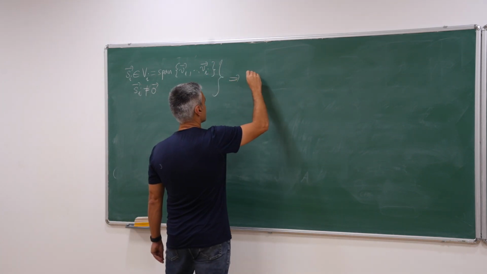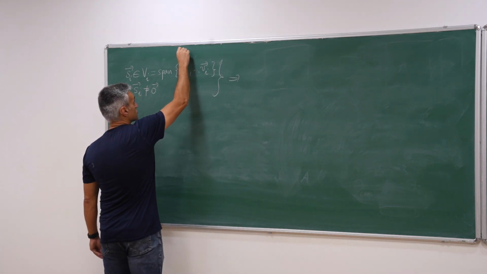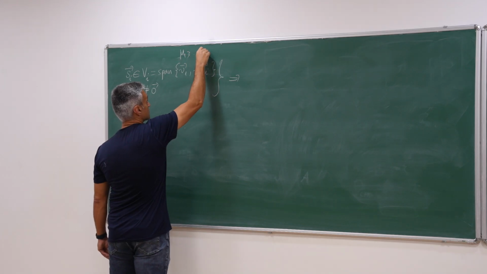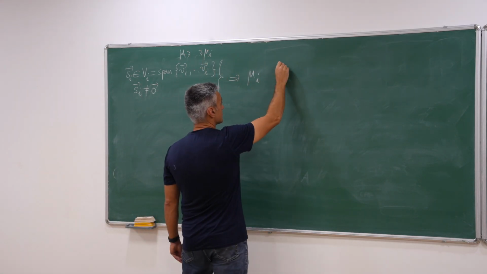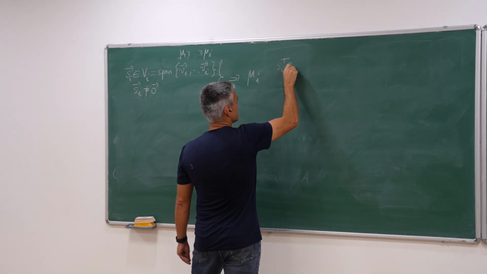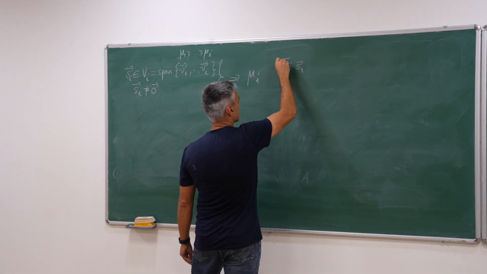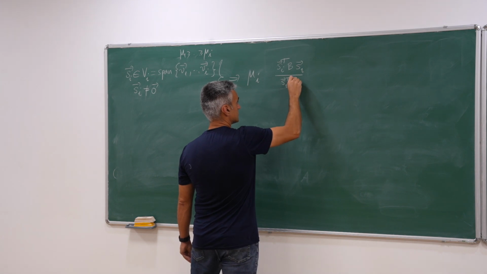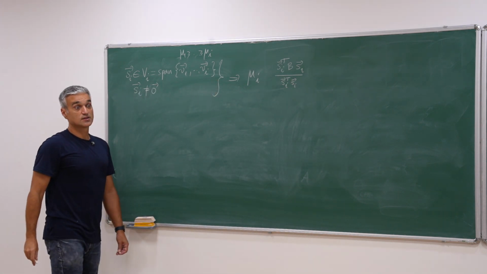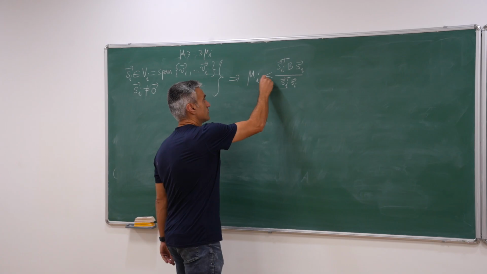What does it imply about, so these were the vectors corresponding to mu1 greater or equal to mu I. So what's going to be the relation between mu I and Si transpose B Si, the Rayleigh quotient here? Less than or equal.